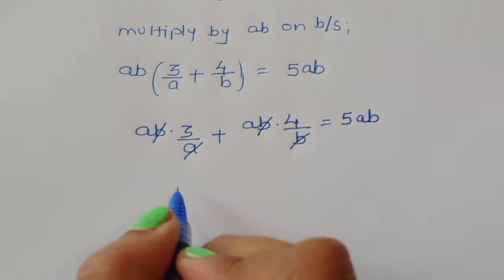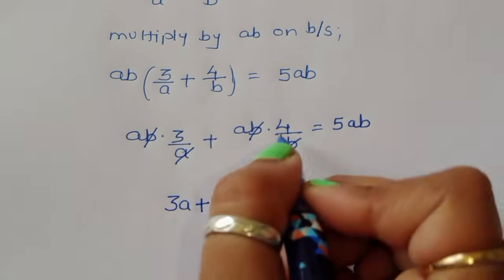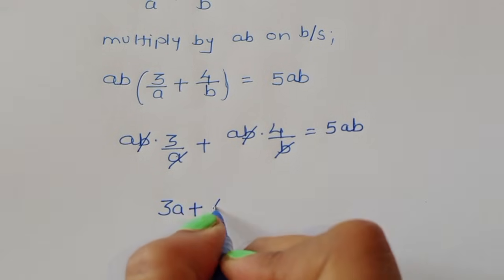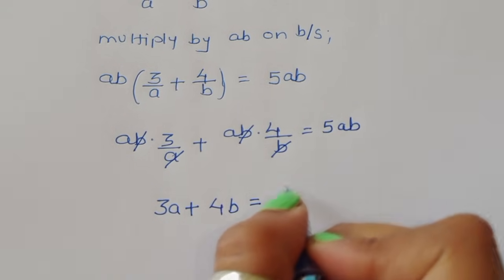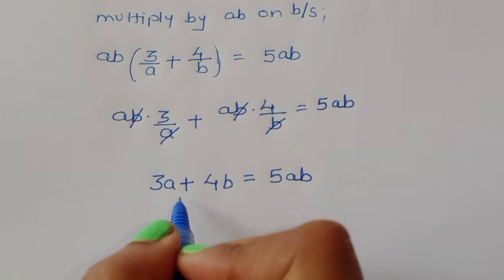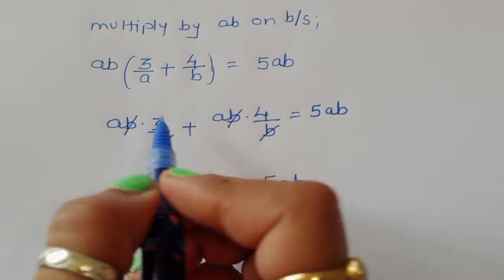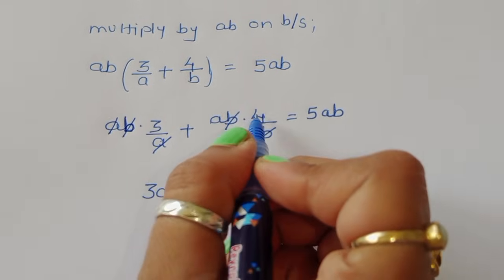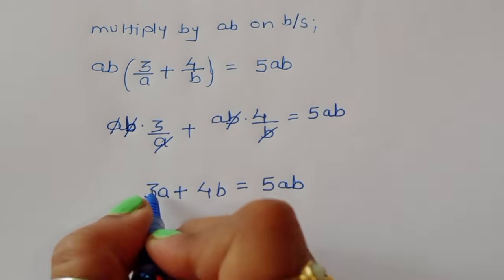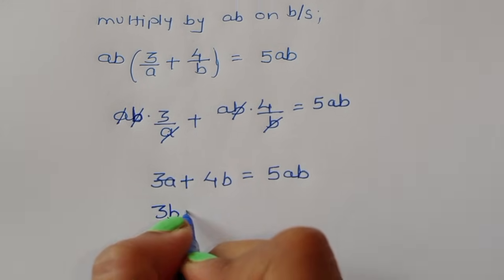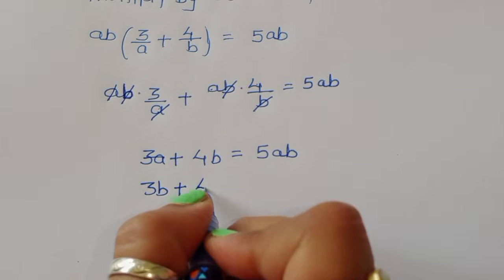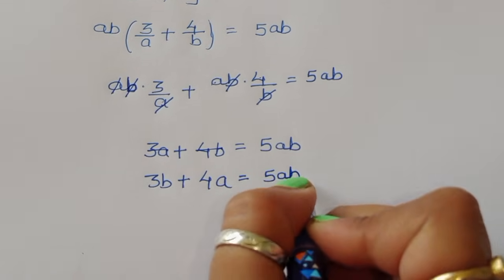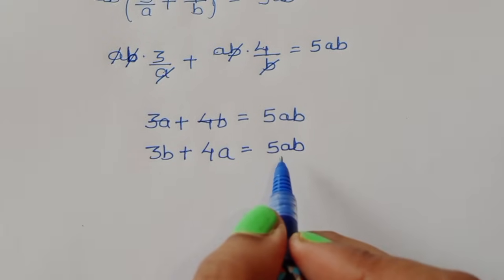So it will become 3b plus 4a is equal to 5ab.